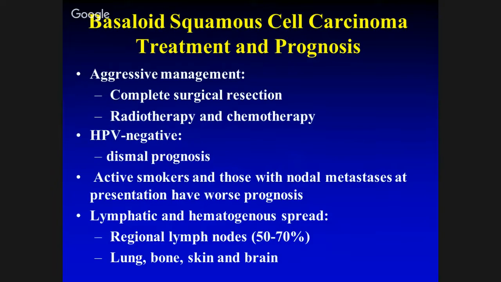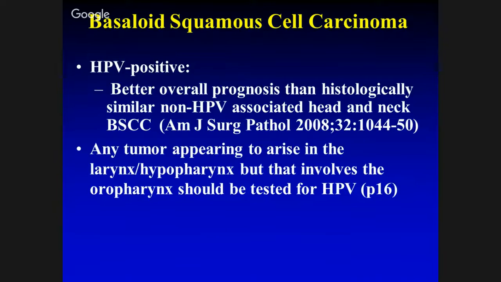Irrespective of site, let's say we have one in the larynx or the sinonasal tract, you still need to do P16 because some of those are HPV associated, and that may portend a better prognosis. The non-HPV tend to be deeply invasive, multifocal, and widely metastatic, including lymph nodes and visceral sites. And the HPV positive ones have a better overall prognosis.